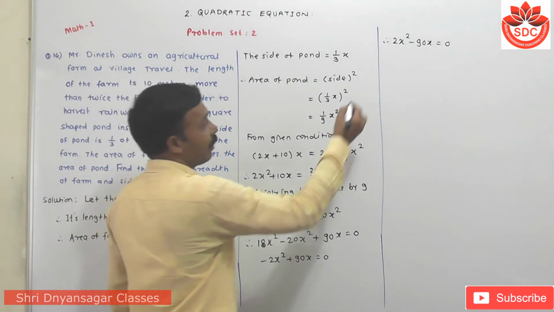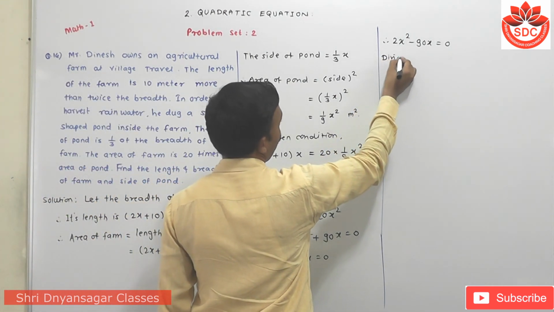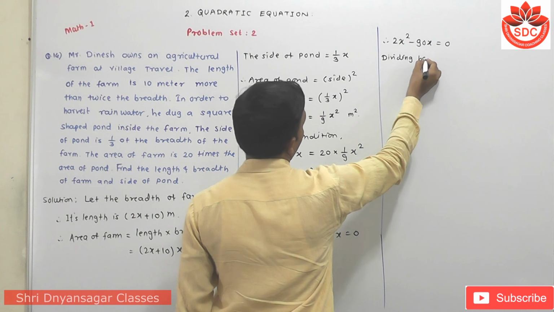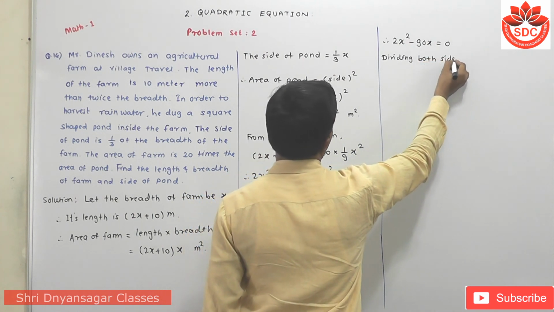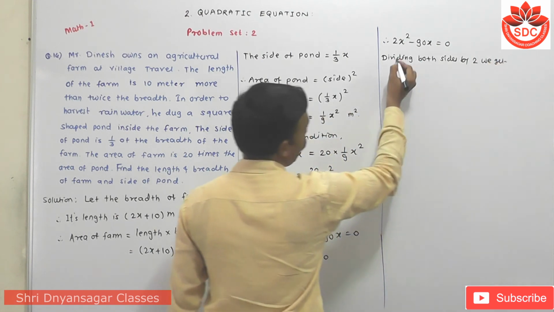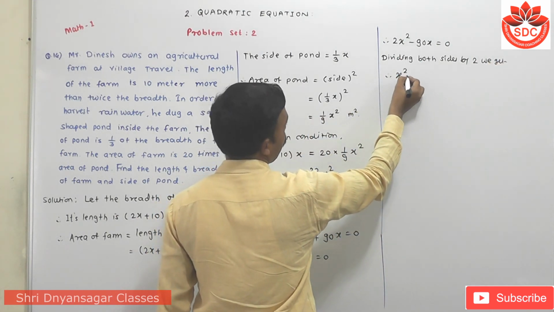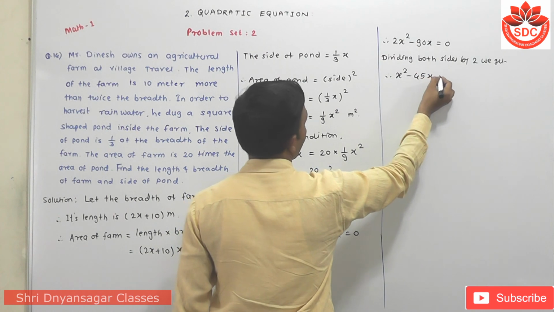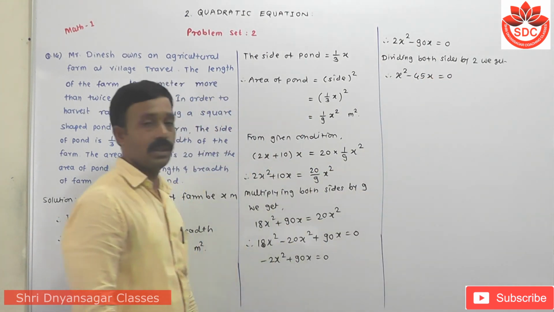Then dividing both sides by 2, we get x square minus 45x is equal to 0.